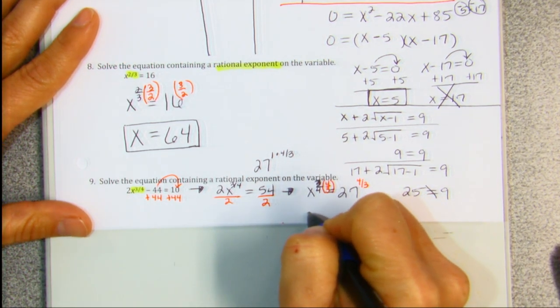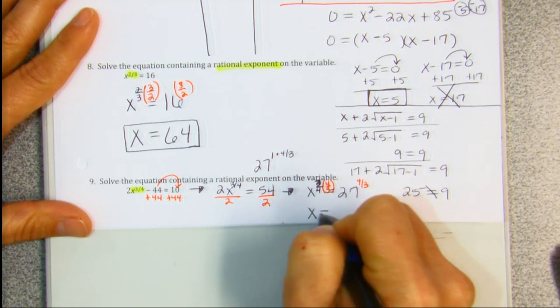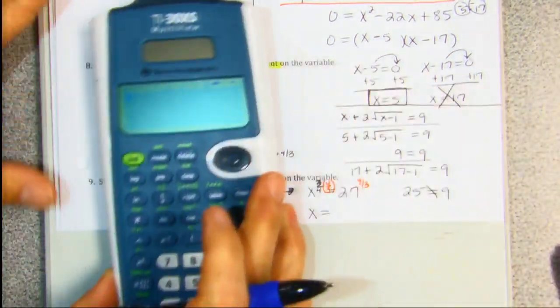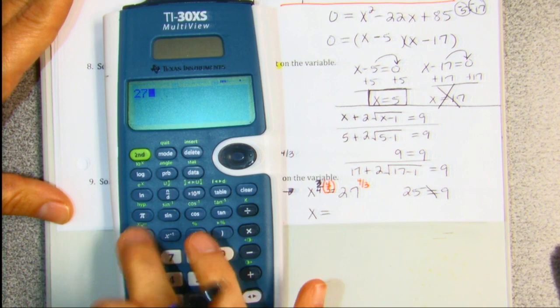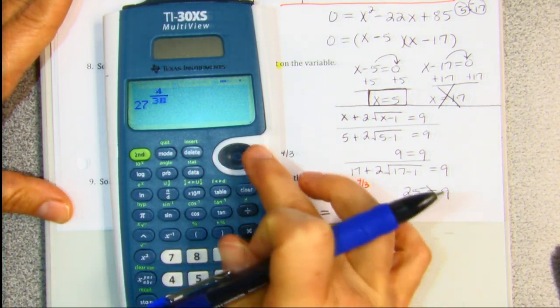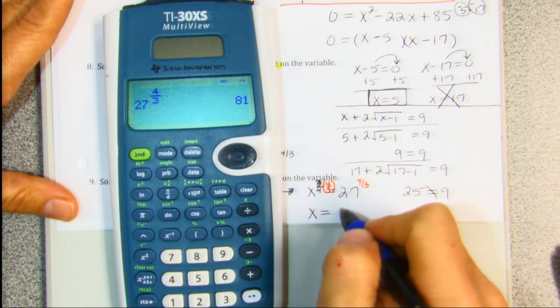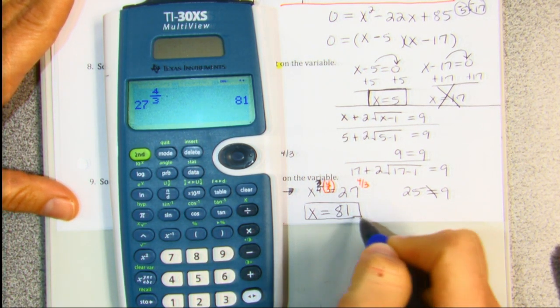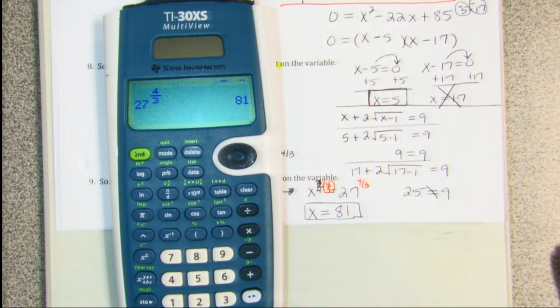So in our calculator, you have x equals, and you're just typing this into your calculator right there, 27, and raise that to the, you hit your fraction key and type in 4/3, and it's going to be 81. And anything I give you should not end up being in the radical form anyways. It should end up being a whole number.